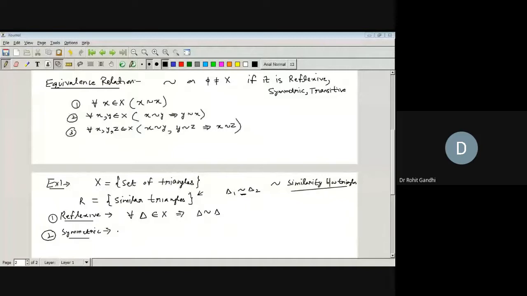Why बेटा? सर जो x है वो y के similar है तो y भी x के similar होगा. Yeah, if I take any two triangles, suppose I am taking delta 1 and delta 2 that belong to S, such that delta 1 is similar to delta 2. तो अगर delta 1, delta 2 के similar है, then it always implies delta 2 भी delta 1 के साथ similar होगा, right?